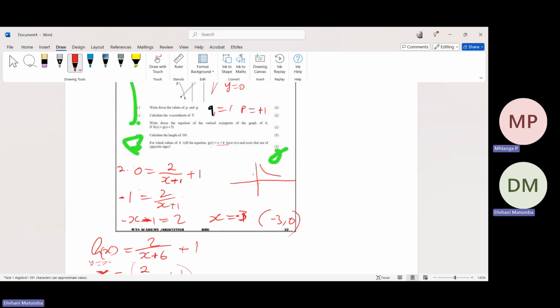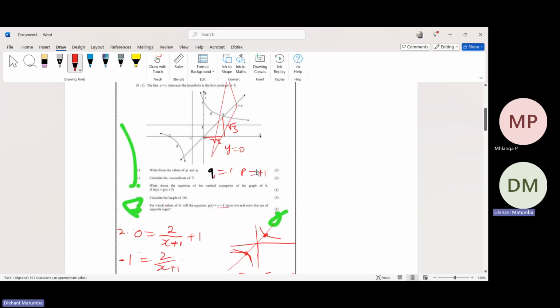But it's possible, because g of x equals x plus k means that g of x is meeting x plus k, which is a straight line. Oh, now I see what you mean. We have a straight line that is meeting a hyperbola, and it will have two roots. Now I get it, because it was confusing a bit.